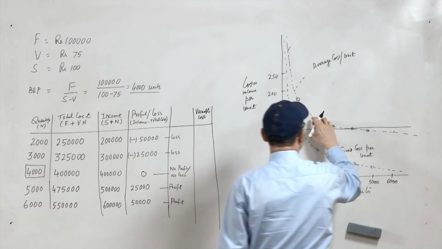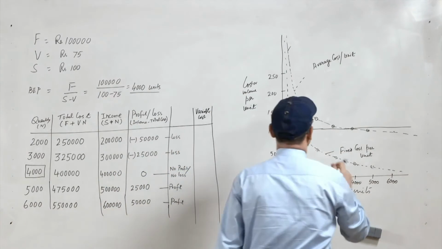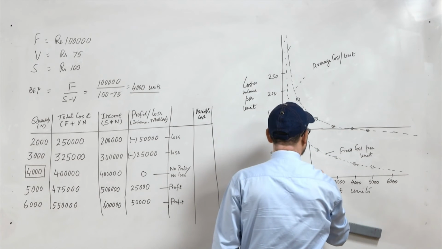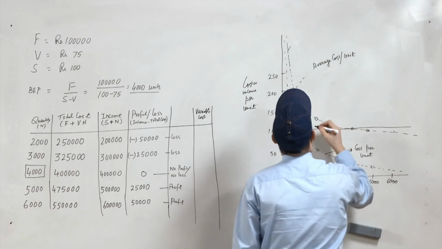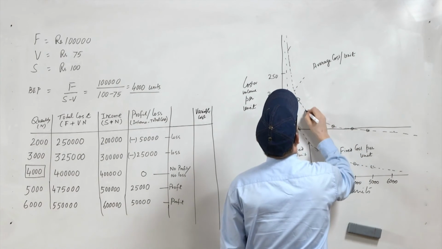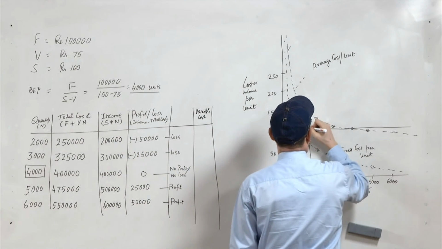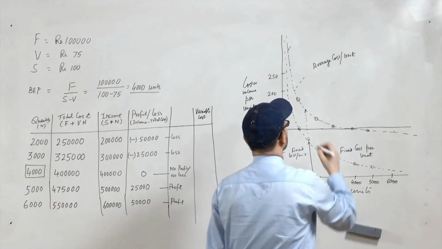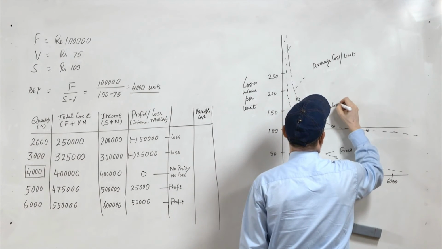It means the difference in between is nothing but the variable cost per unit. At any point, this is the fixed cost per unit, and this is the value of average cost, so the amount in between can be taken as the variable cost per unit.